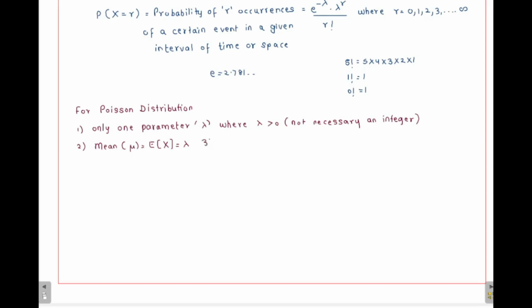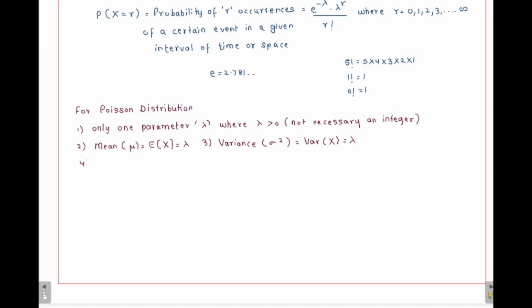The variance, or sigma square, which we can write in short form as variance of x, is also lambda. So for the Poisson distribution the mean is equal to the variance. That is why we say that there is only one parameter.